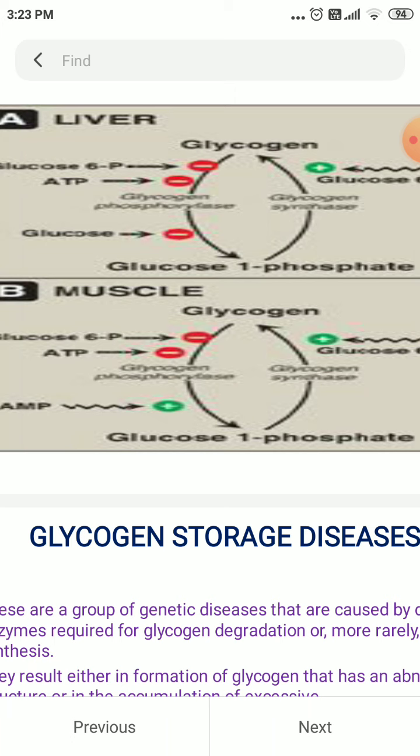Thereby you can see the synthesis of glycogen from glucose 1 phosphate, and the enzyme for this synthesis is glycogen synthase.